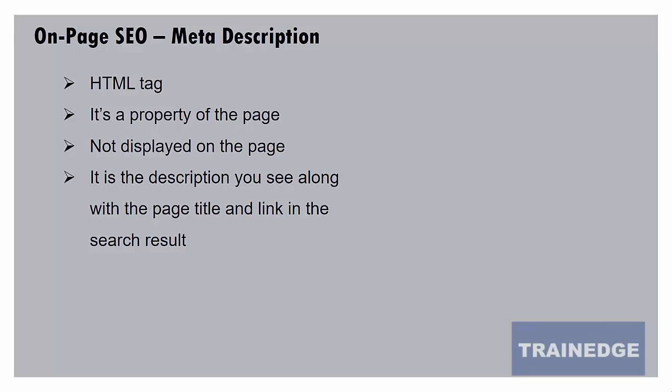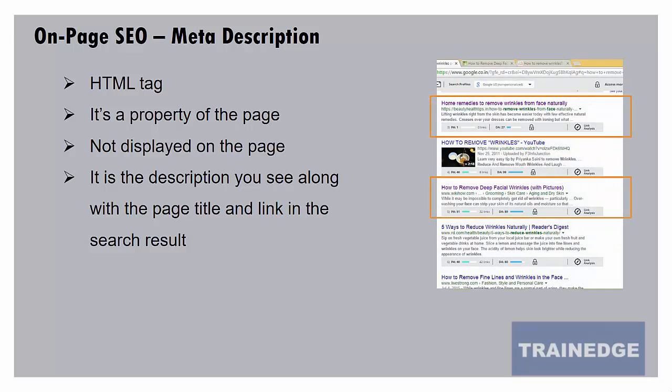As you can see in this image, the big bold blue color is the headline, followed by green color link, and then that is followed by text in black, which is the meta description. Most people, when they look at the search results, read meta description to understand what the page is about.